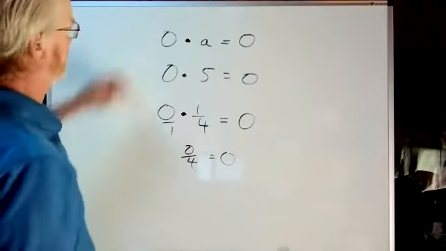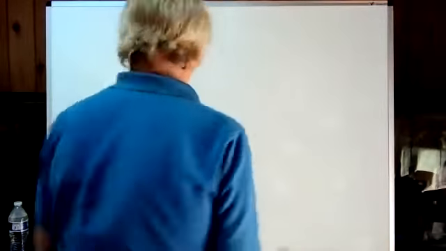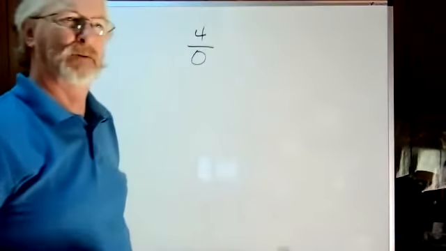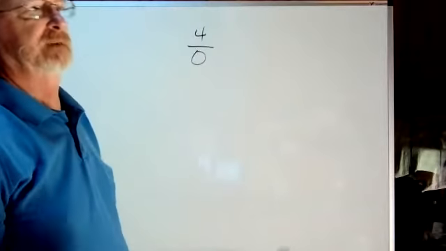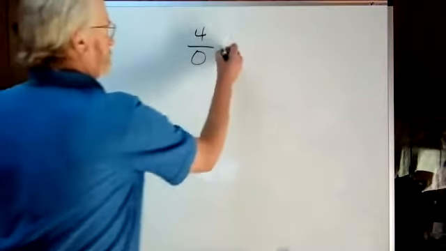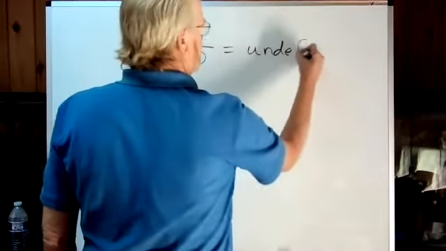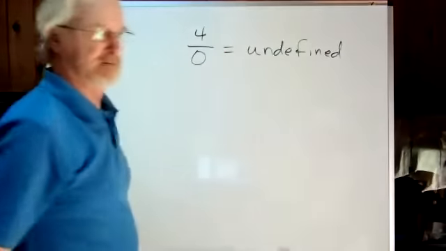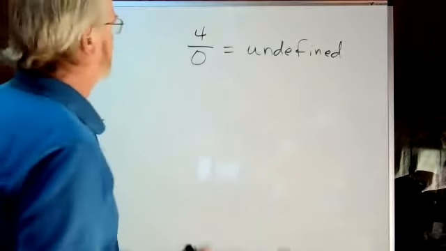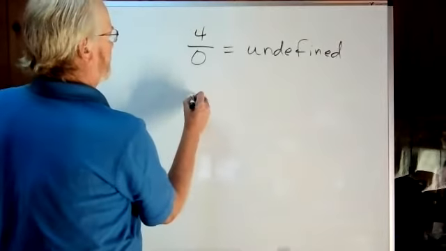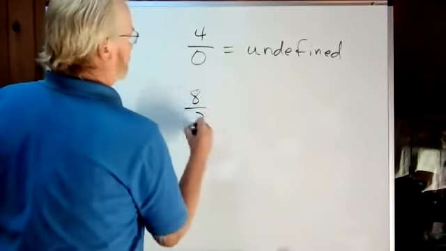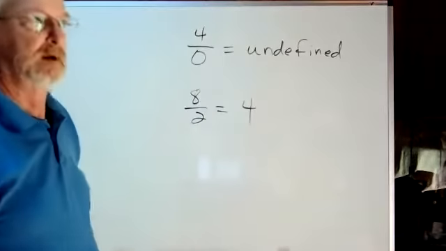But what about dividing by 0? What do you get if you divide 4 by 0? 4 divided by nothing. Well, it's undefined. You just say, can't do that. Let me pick a different number here. 8 divided by 2 equals 4.